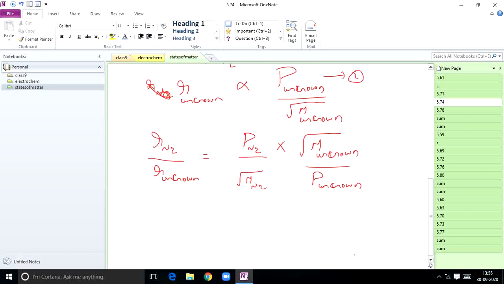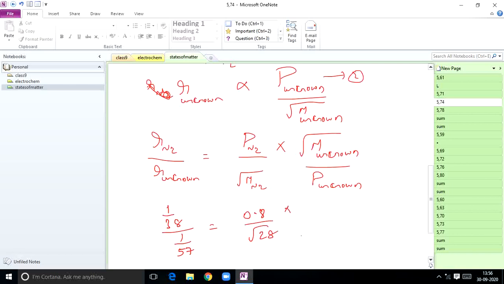What is the rate of diffusion of nitrogen? 1 by 38, and for unknown 1 by 57. What is the partial pressure of nitrogen? Read the question: 0.8 atmosphere. So 0.8 by square root of 28, the molecular mass of nitrogen.